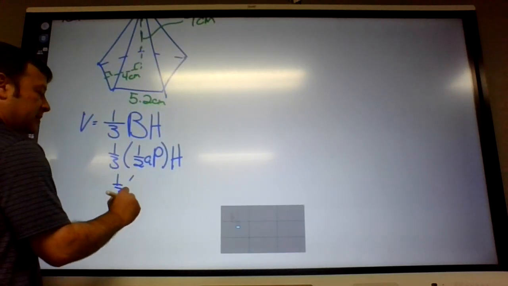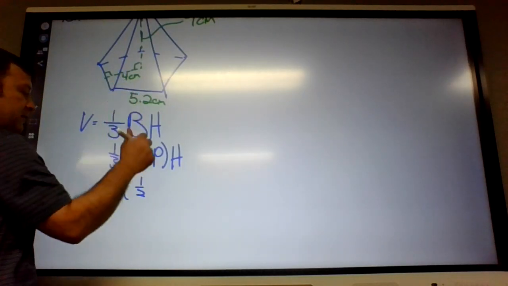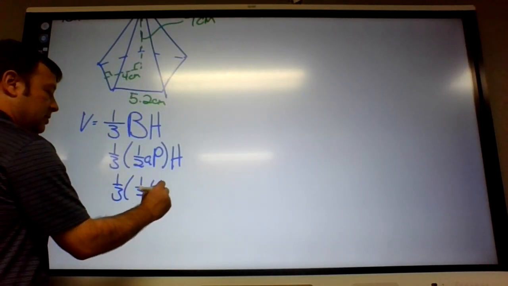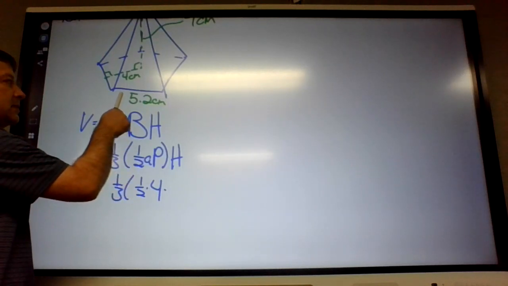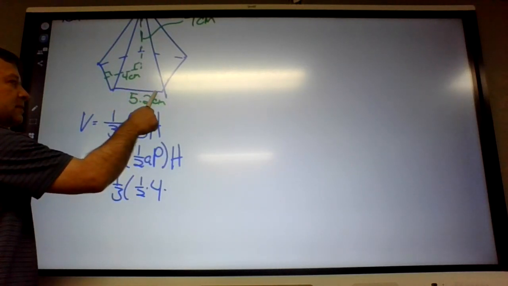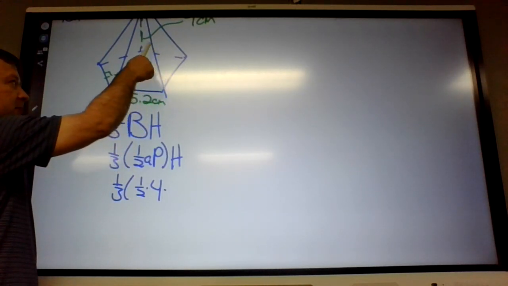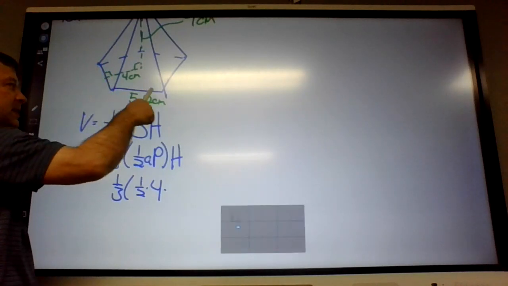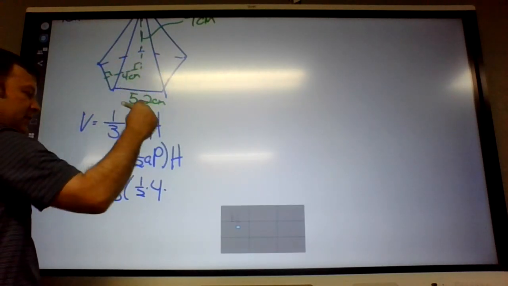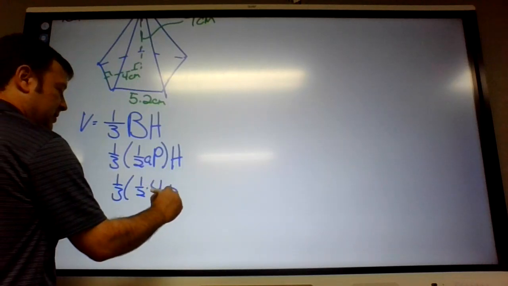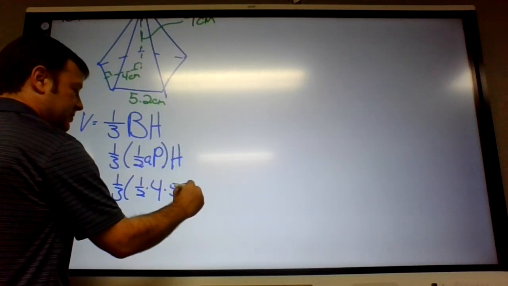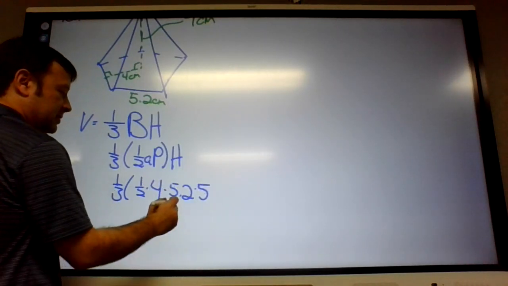So the apothem is 4. What's the perimeter? 26. 5.2 plus 5.2 plus 5.2 times 5, yeah. We could change it to 26 if we wanted to.